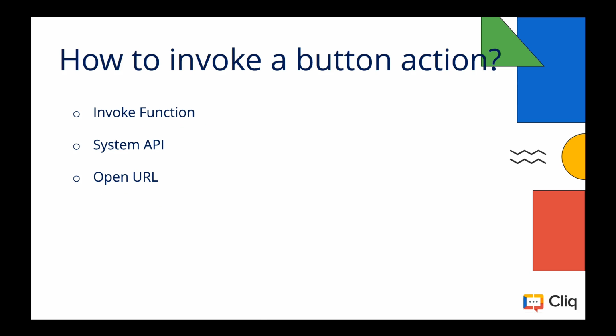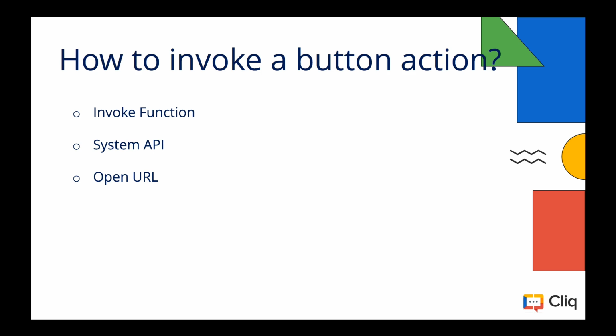So how can you invoke a button's action? There are 3 different ways of triggering a button to perform an action. They are invoke function, system API and the open URL option. To invoke a function, you will have to call a Deluge function when the button is clicked. The system APIs are used to trigger default chat actions with the help of APIs.